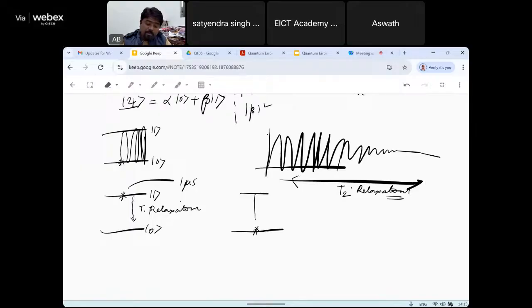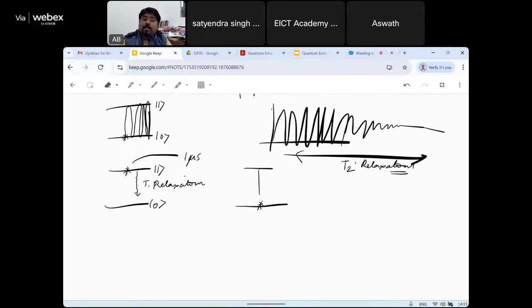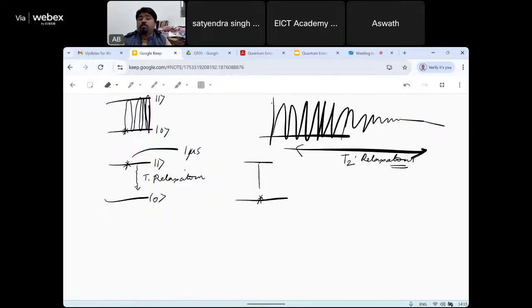Because of this, what happens? I intended to create a superposition like this, but I would not be able to create a superposition like that. So that is one of the errors which is going to happen. These errors may creep in due to many things: the environment, interaction with the surrounding qubits, or interacting with the walls.